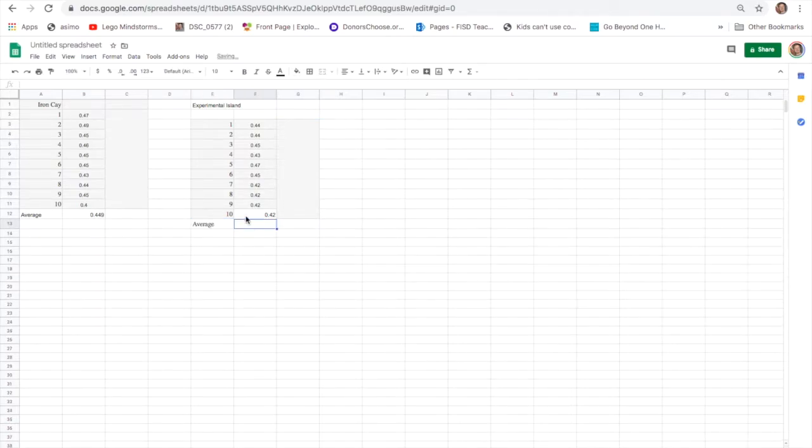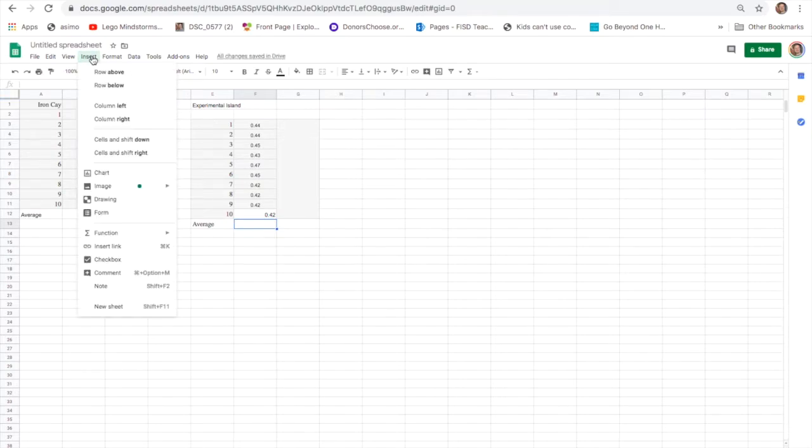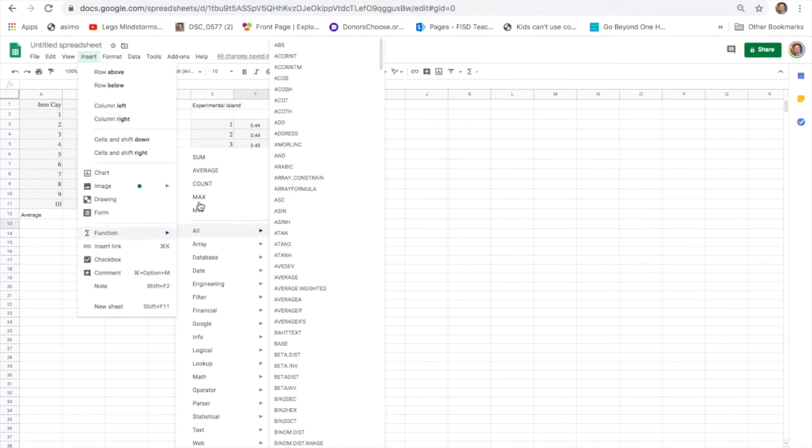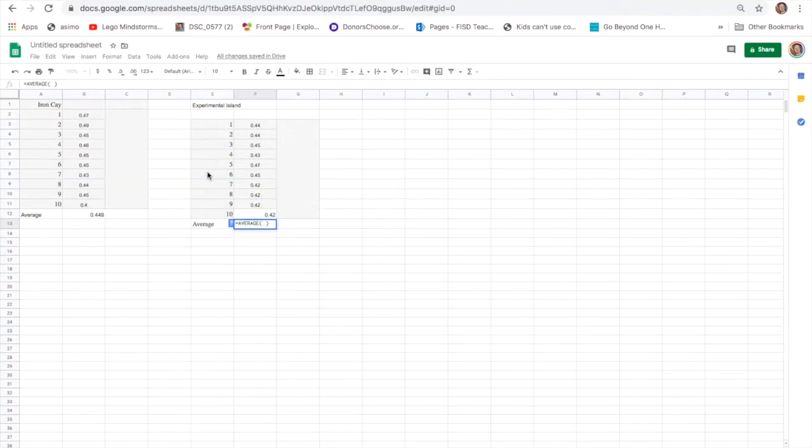I will insert the function. This is now from F3 to F11. Good.